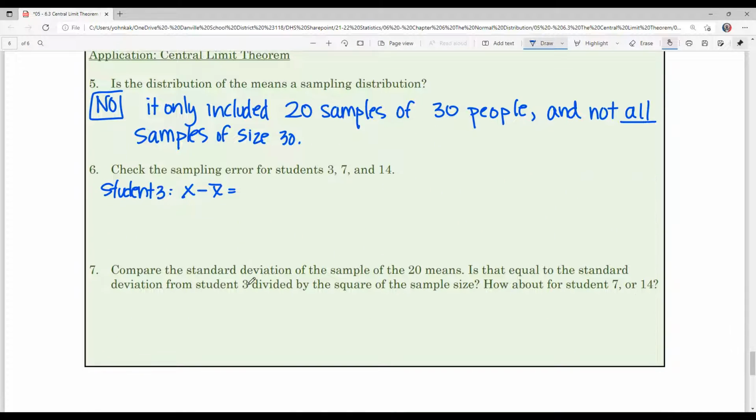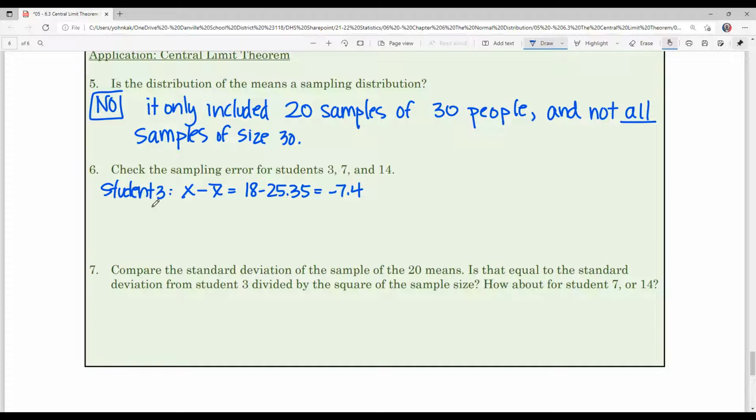So to find the sampling error, we're going to take 18 and subtract 25.35. This tells me that my sampling error is negative 7.4.